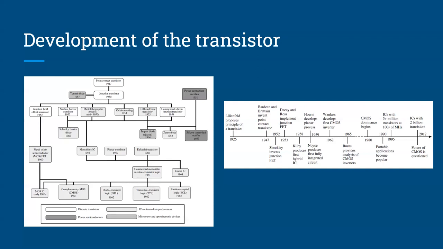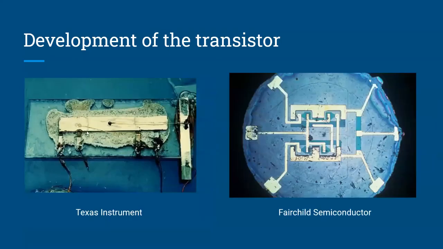Although some people say that they have done it in 10 nanometers, there are still a lot of questions on whether physical laws are broken, or if the reliability of the device is still intact. So here are examples of the first transistor. The one on the left is from Texas Instruments, and the one on the right is from Fairchild Semiconductor. The one on the left is very, very different from the one we have today.